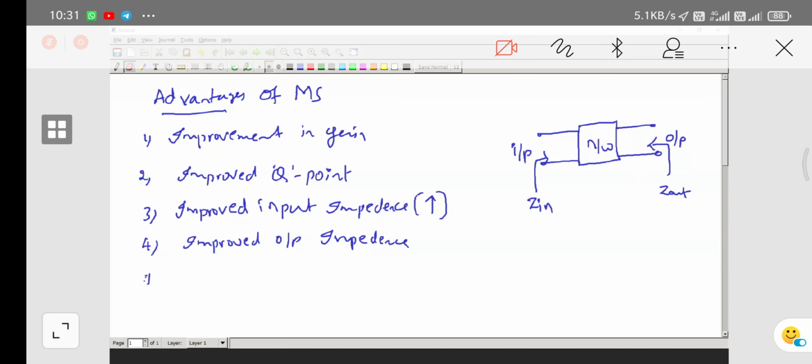Okay, everybody, this is the introduction to multi-stage amplifiers. In the next class, we are going to see these classifications, both direct coupled and RC coupled amplifiers. If we discuss these two, multi-stage amplifiers will be completed.